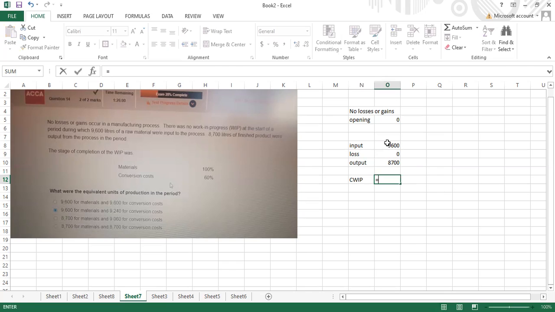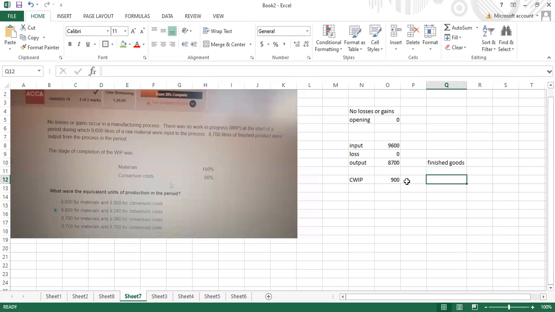The output we can also call finished goods. The stage of completion of the work in progress was material 100% and conversion 60%. This work in progress is going to be in the next period, so you can say closing.